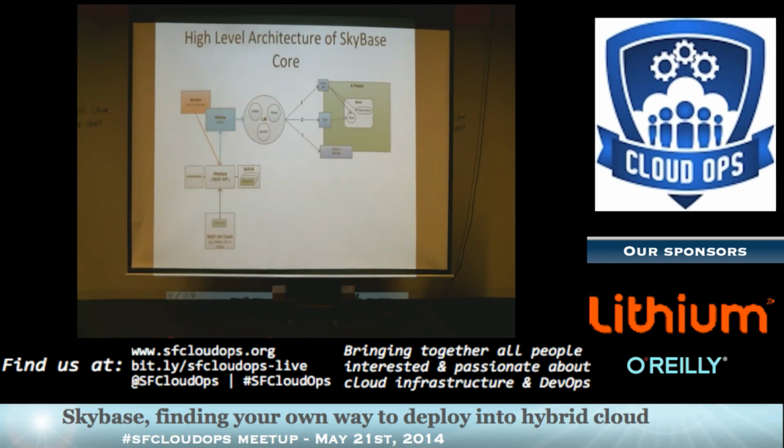From the code architecture, the Skybase core consists of several pieces. We have a REST API client, which talks to a web app, which maintains the queue and provides authentication for the clients.